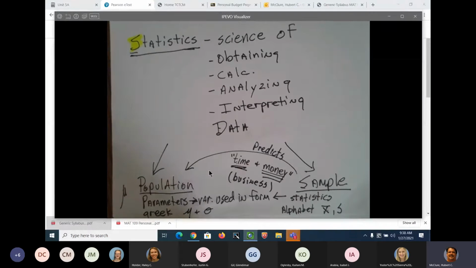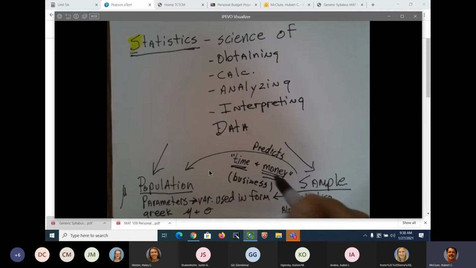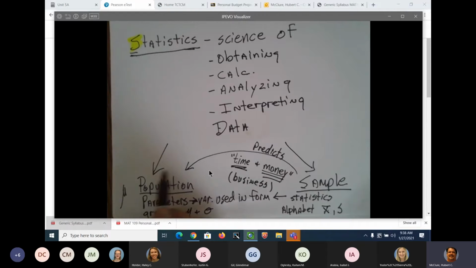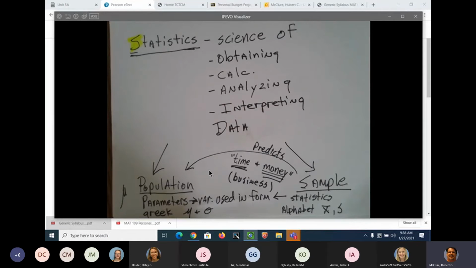So when I want to find out something about my business, am I going to survey 5,000 people or am I going to survey 500 people? I'm going to survey 500, and I'm going to use statistics and probability to predict for the population, for the 5,000.